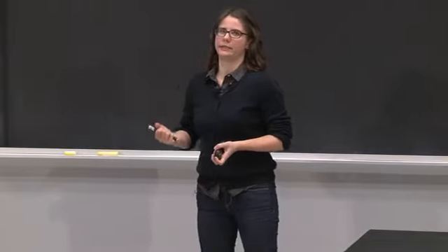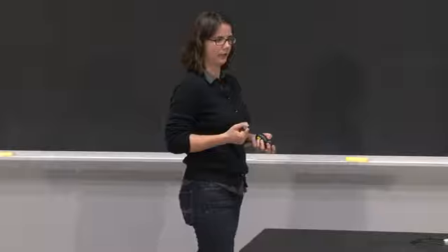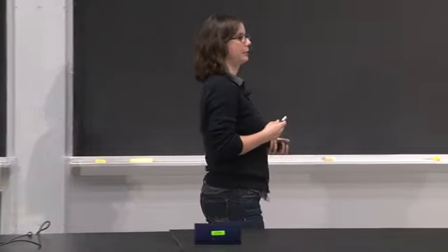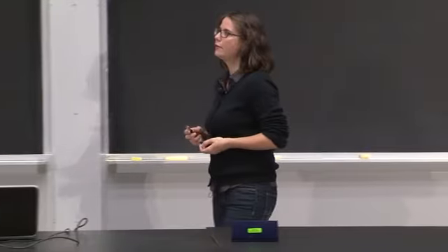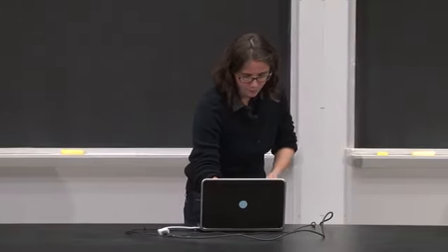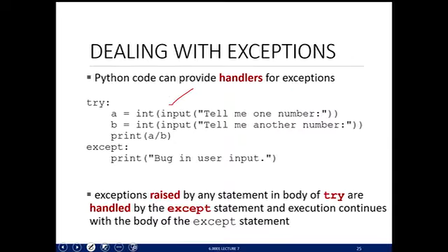So how do we deal with these exceptions? Okay. In Python, you can actually have handlers for exceptions. So if you know that a piece of code might give you an error, for example, here I'm dealing with inputs from users. And users are really unpredictable, right?